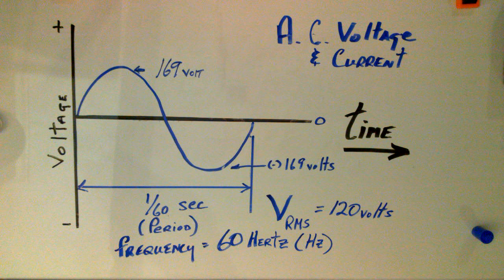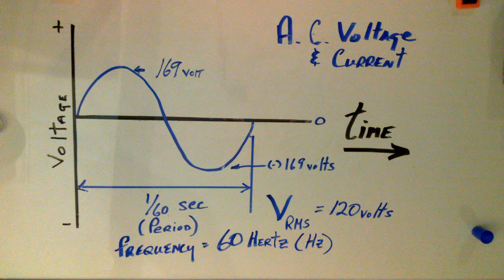For North America, we get a cycle 60 times per second, and that is the frequency of our AC power. At the bottom of the sketch, you will see that the frequency is 60 hertz. Hertz is simply a unit that stands for cycles per second.